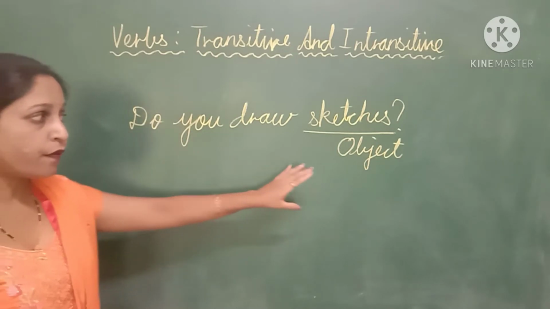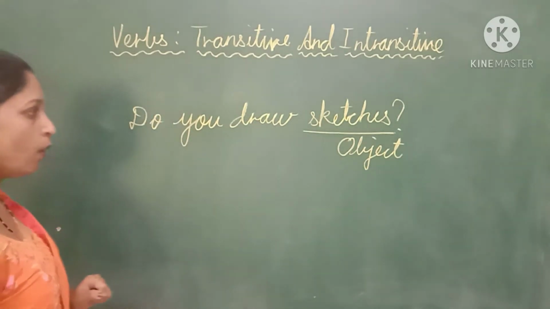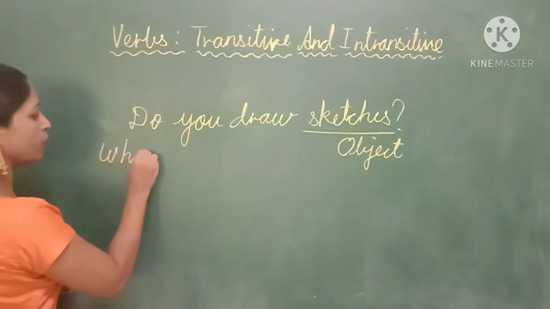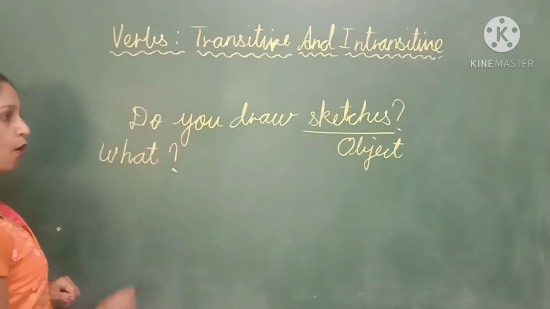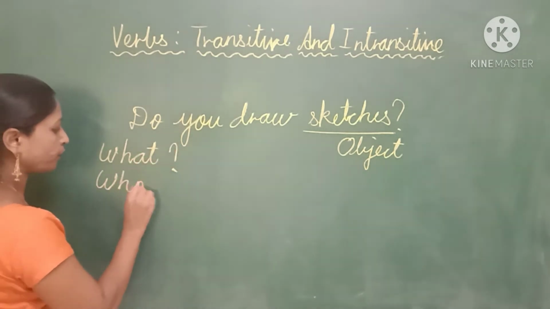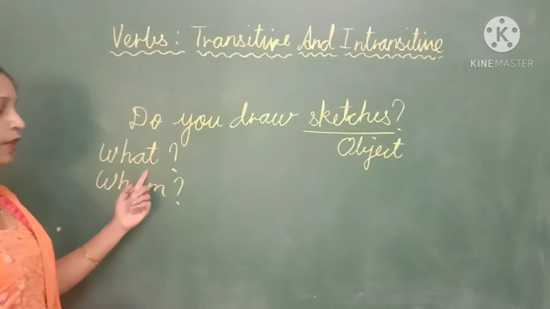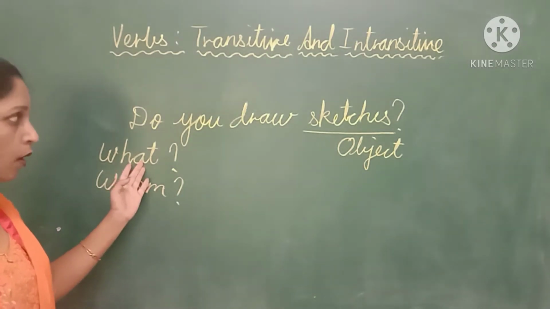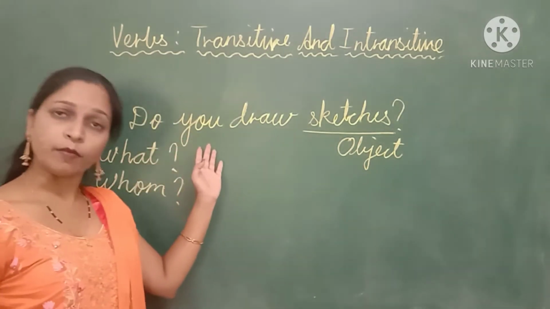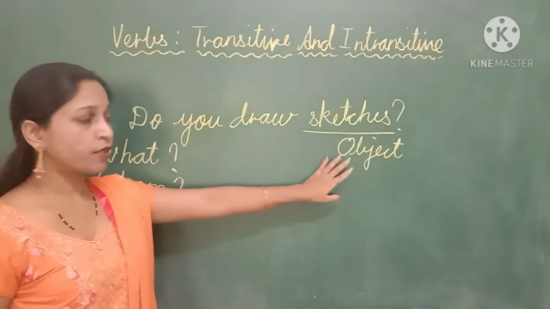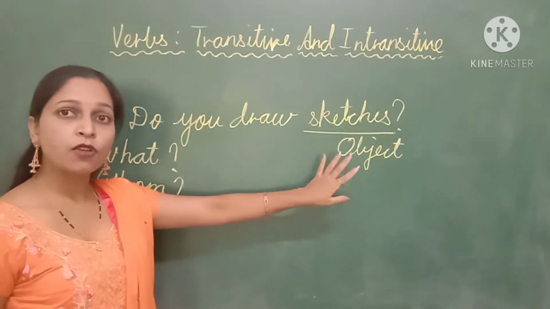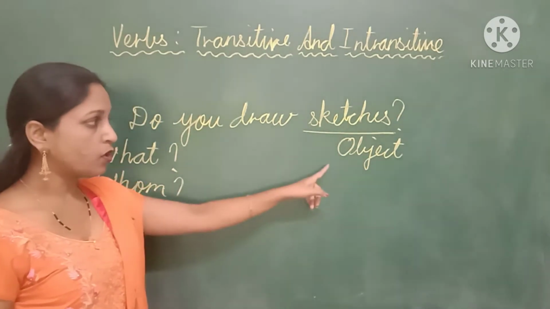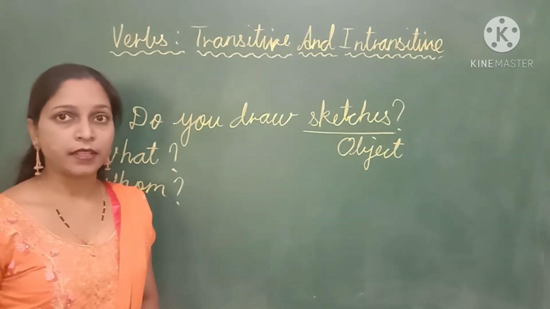To find the object you always ask the question what or whom. Here we have asked the question what. What did Reema like to draw? She liked to draw sketches. So sketches becomes the object of the sentence.